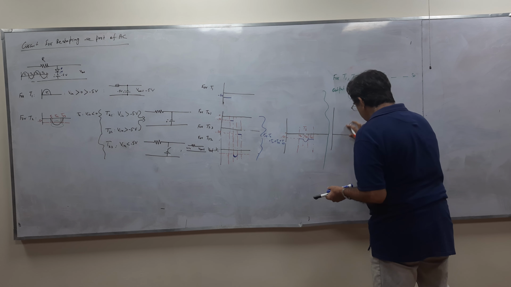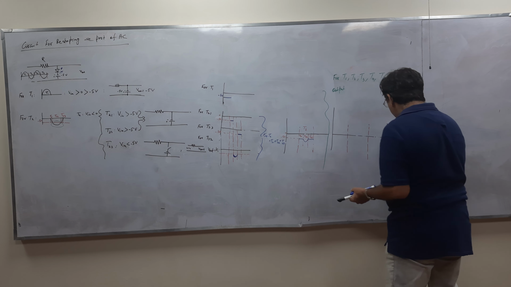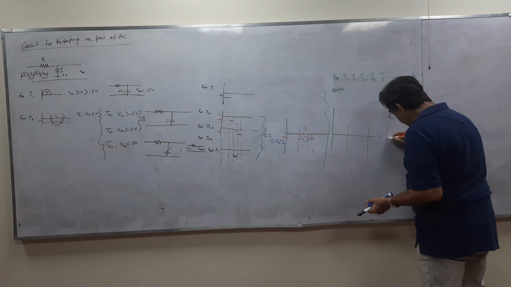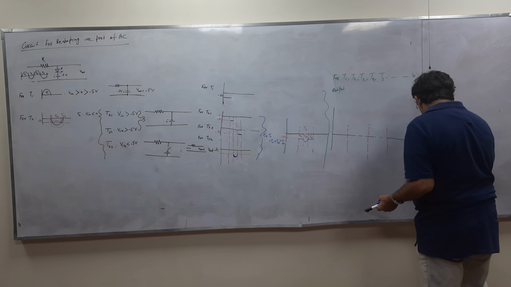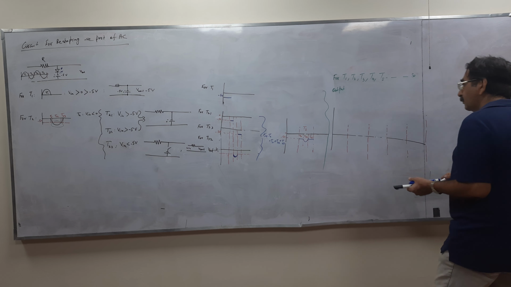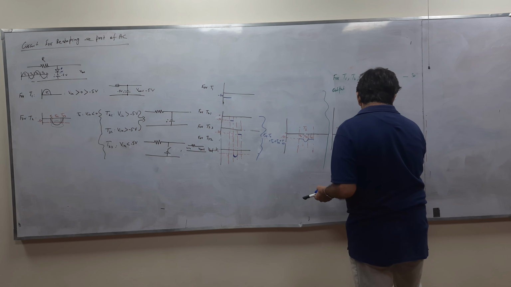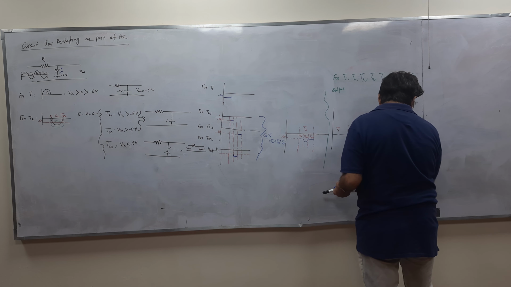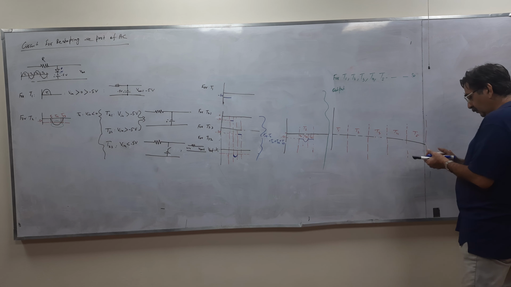If I enlarge it, this is T1, this is T2, T3, T4 and T5. Okay, this is T1, this is for T2, this is T3, T4, this is for T5 and so on.